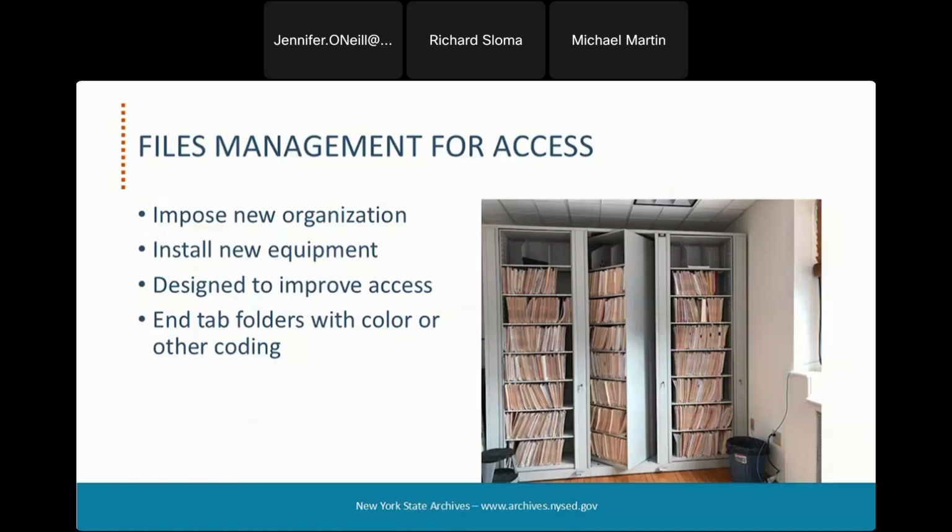The whole idea is that they're easier to get to, they're quickly visible, people can pull them when needed. Now, this does impose a new organization, you may need some new equipment, but the entire design is to improve access. And you can have end tab folders with color or other coding. This kind of equipment supports the use of a coded filing system that uses colors, letters, numbers, or any combination of these.